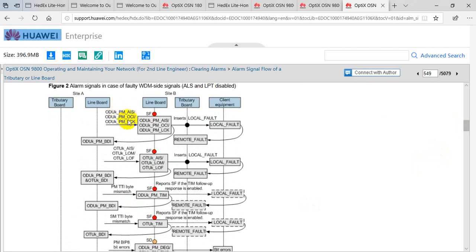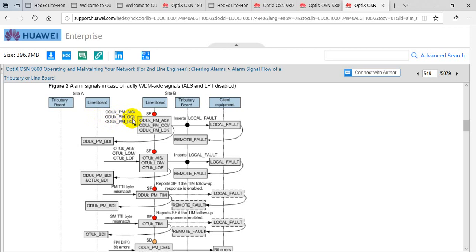So for signal failure type alarms, if I am getting AIS, my complete signal is all ones. AIS is alarm indication signal, but it is triggered when most of the frame is made all ones by the upstream direction.